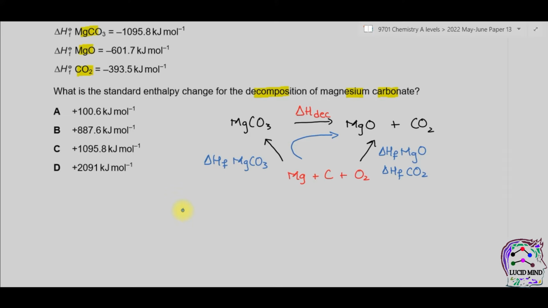Or we can write the formula: delta H decomposition plus delta H formation of magnesium carbonate is equal to delta H formation of MgO and delta H formation of CO2.